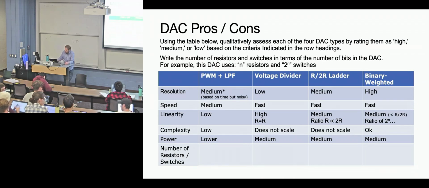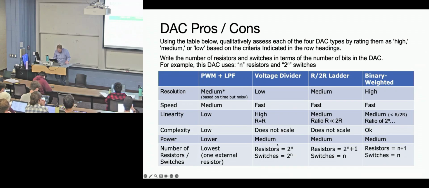I said that for the voltage divider, there's n switches and n plus 1 resistors. For the R2R DAC, there's n switches and then 2n resistors. And for the binary weighted, it's a 1-to-1 ratio between resistors and switches. I think of these slides I got wrong then.